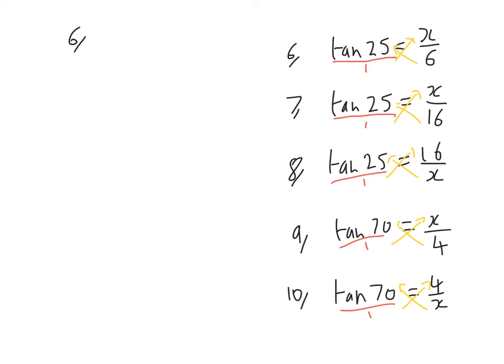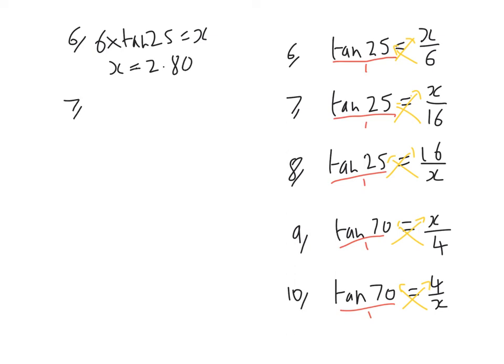Number 6. We would have that 6 times tan 25 equals x. And this gives 2.79. No, 2.80 to 2dp.